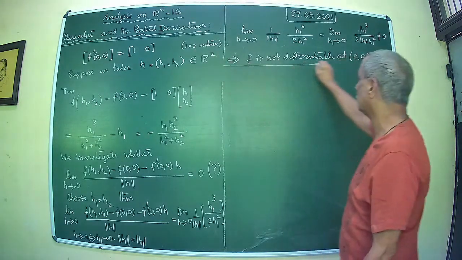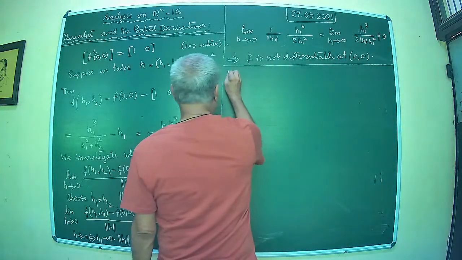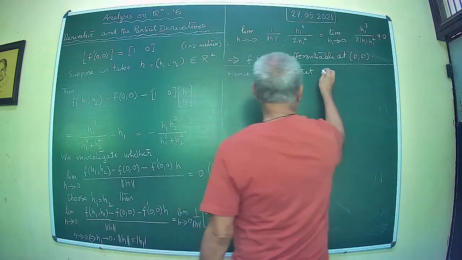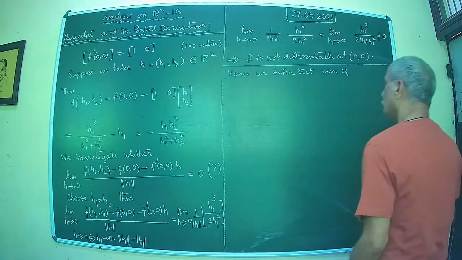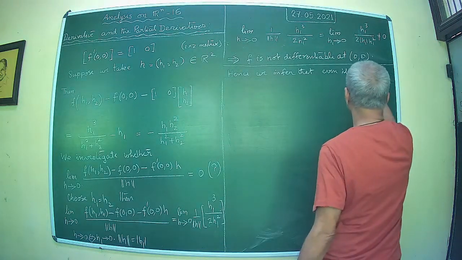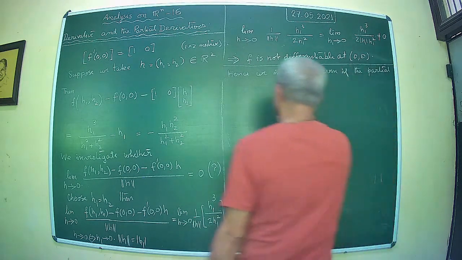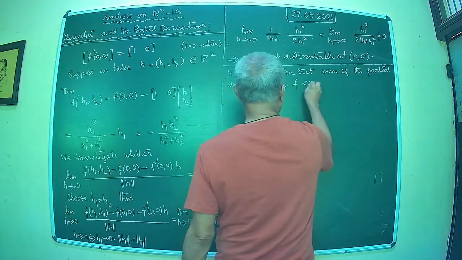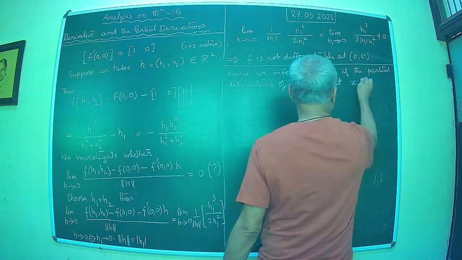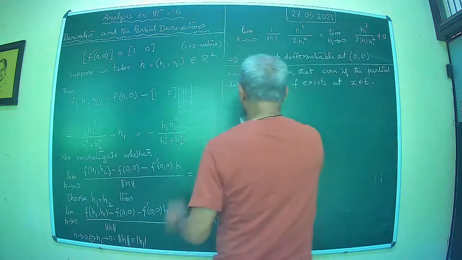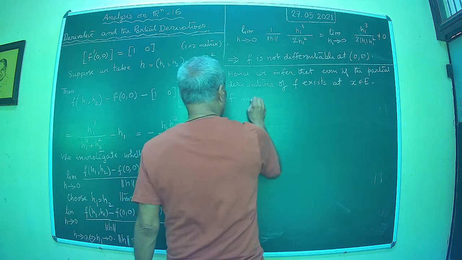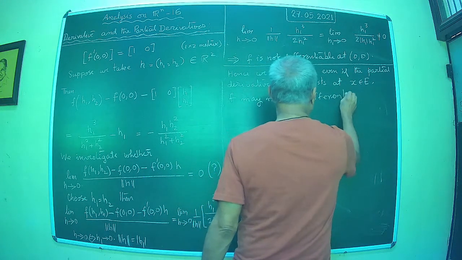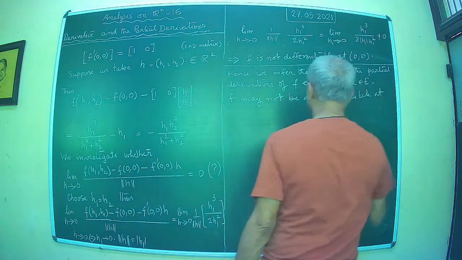What does this mean? This means for our question, hence, we infer that even if the partial derivatives of f exist at x belonging to E, f may not be differentiable at x.